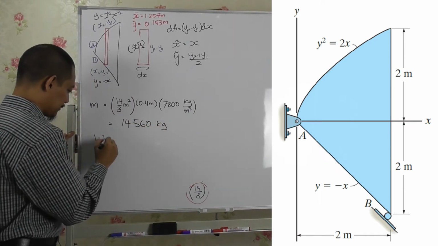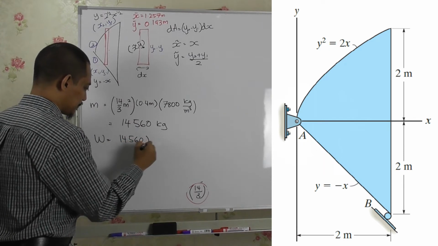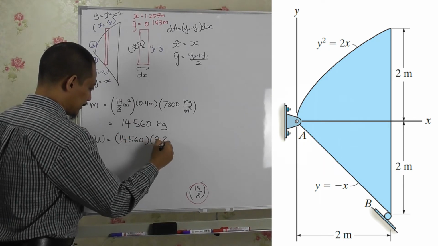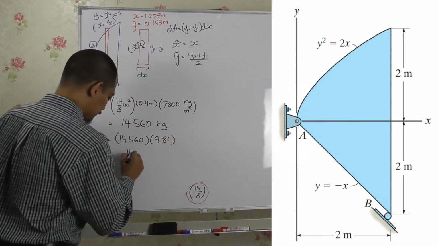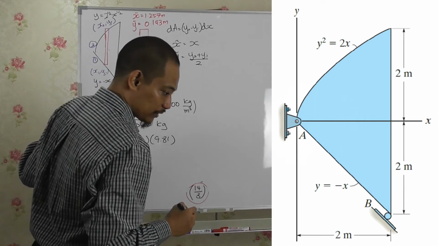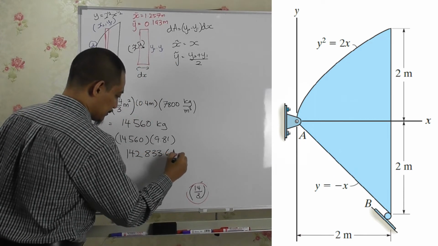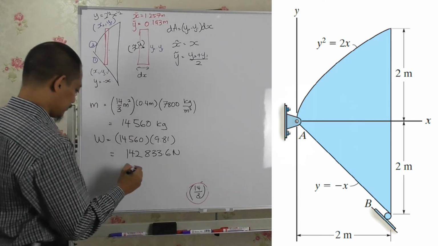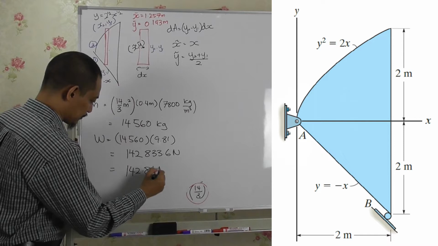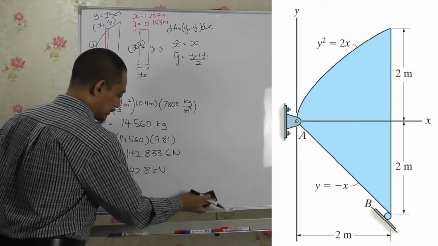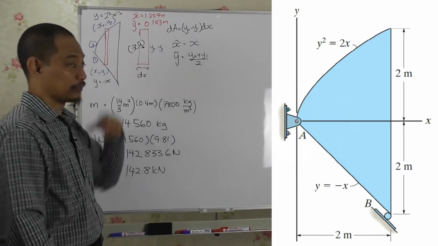So the weight is this value, 14,560 times 9.81, which gives 142,833.6 Newton, or 142.8 kilonewton. So now you have the weight and you have the coordinate.